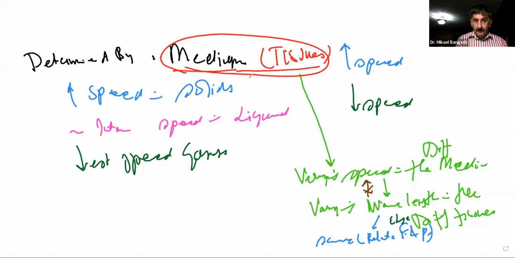So what does that mean? We already said that the speed of sound is going to vary as the sound wave travels through different tissues. But what it mainly means here is, let's say we have a tissue here. This is a tissue, let's say a muscle. Clear?